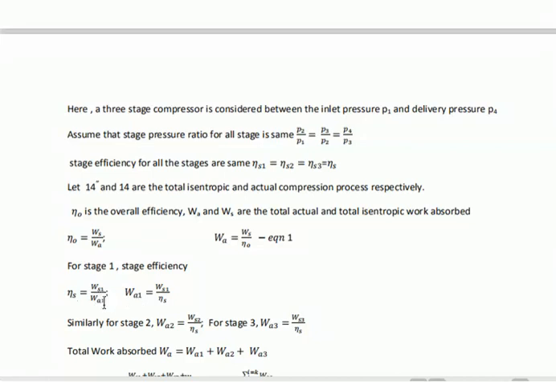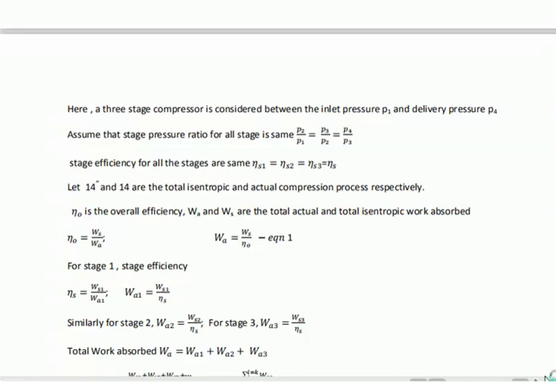From this we write WA1 equal to WS1 by eta S. Similarly, for stage 2, WA2 is equal to WS2 by eta S, and for stage 3, WA3 is equal to WS3 by eta S.